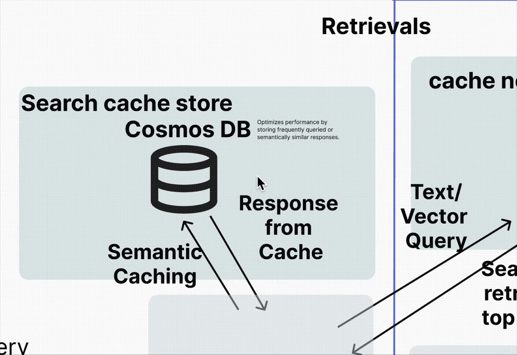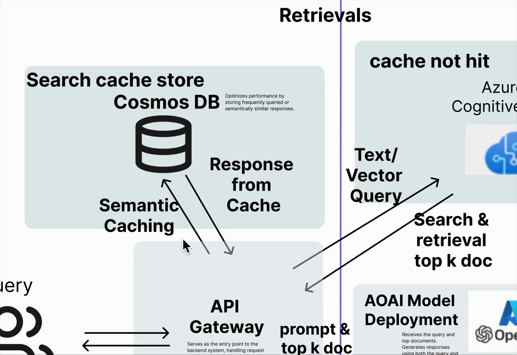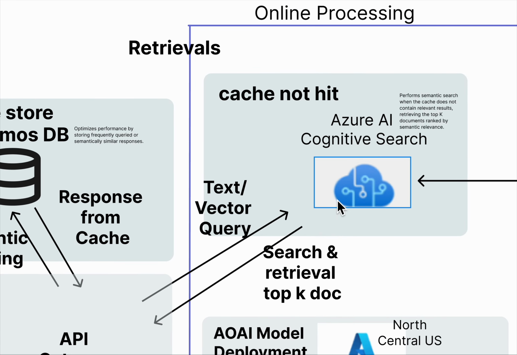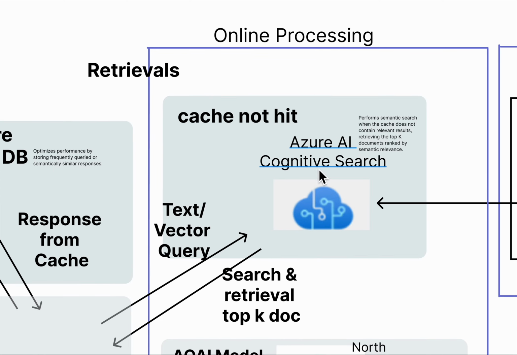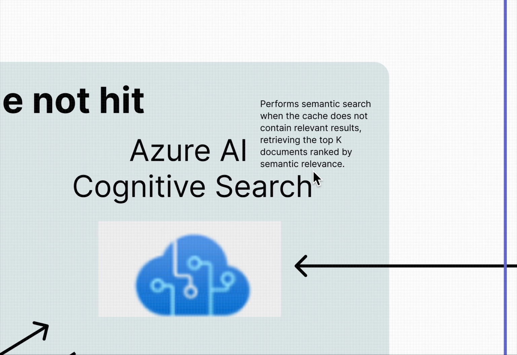If our semantic cache does not contain a recent response, the query is forwarded to our Azure AI Cognitive Search service. This component handles semantic retrieval, where it compares and ranks the top K relevant documents based on the cosine similarity between the query and the pre-indexed documents.